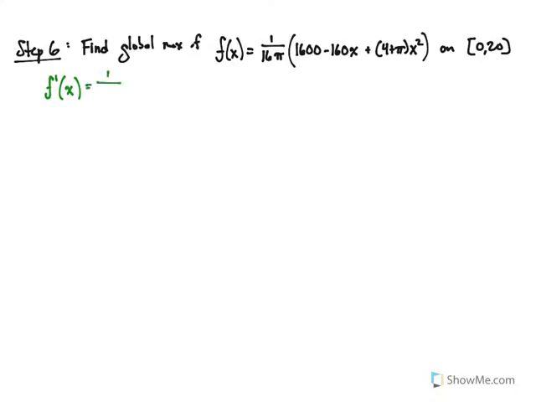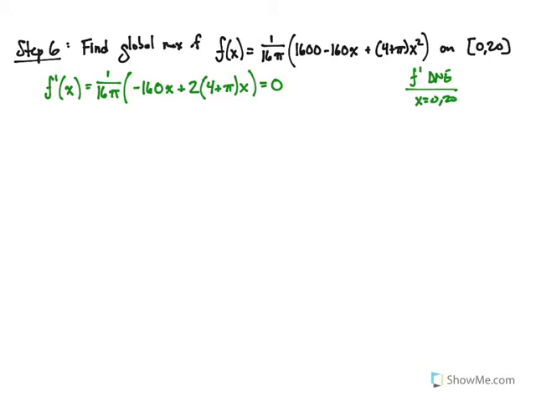It's going to be 1 over 16 pi that comes along for the ride, times negative 160 plus 2 times 4 plus pi, x. We're going to set that equal to 0 and note that the derivative doesn't exist at the endpoints, 0 and 20.